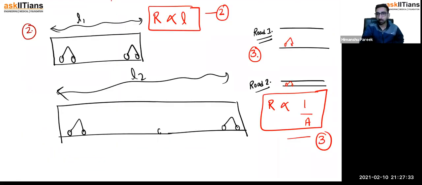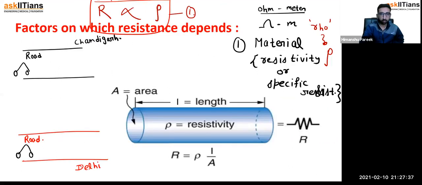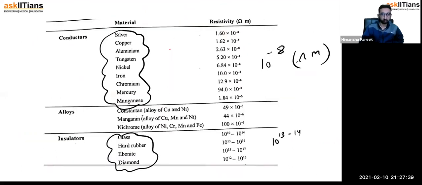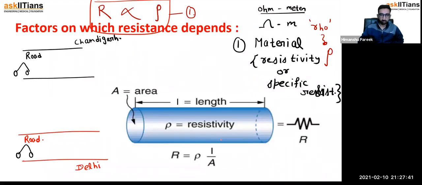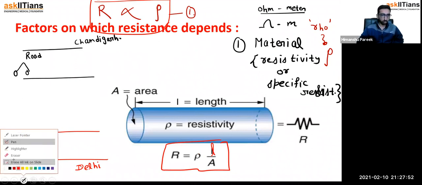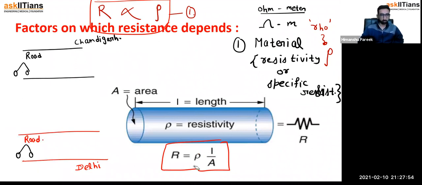And resistance depends upon the area, factor number 3. If I combine all these three things, what will I get? That's called the resistance formula. It was directly related to rho, directly related to L, and inversely related to the area. So that's how you get the resistance formula by the experiment.